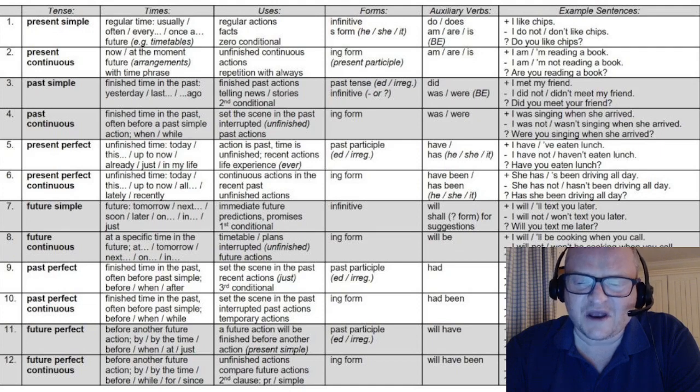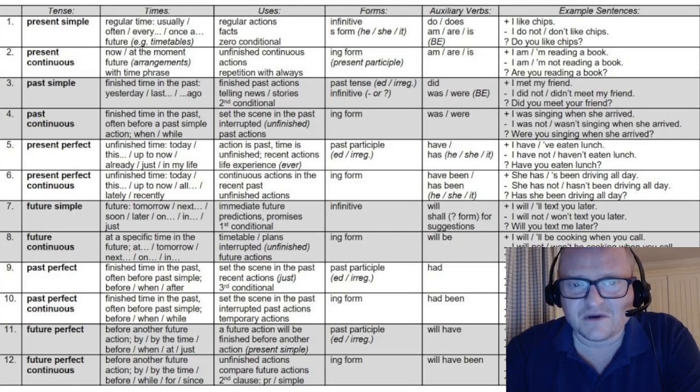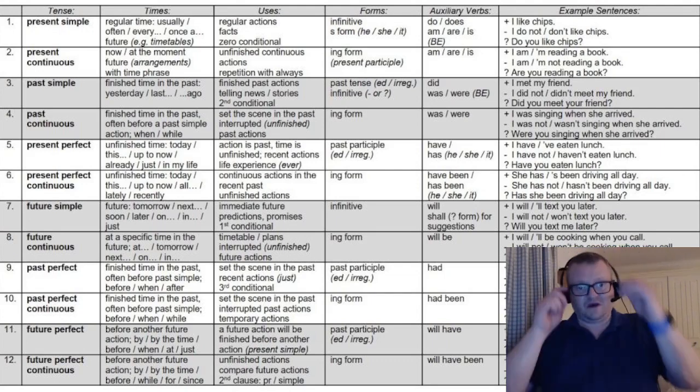Oh yes, I went to Gdansk many times. I went there so many times. You know, we use present perfect to sound up to date, to sound current, and present. It is present perfect after all.